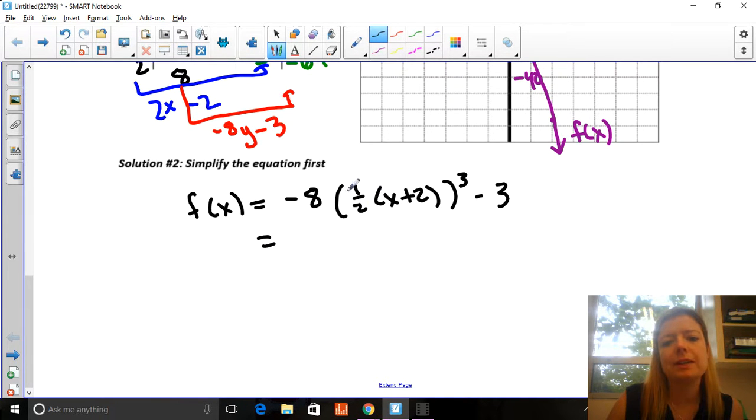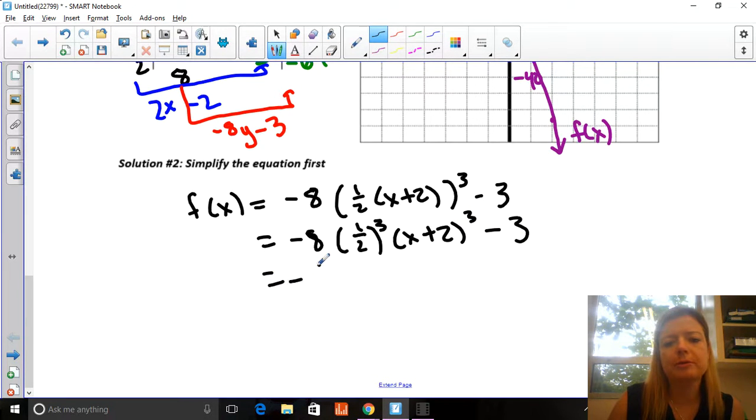This half is being cubed, and this x plus 2 is being cubed. So you can actually break it out that way, as 1/2 is being cubed, and x plus 2 is being cubed, okay? Well, a half cubed is just 1/8, because 1 to the power 3 is 1, and 2 to the power 3 is 8.